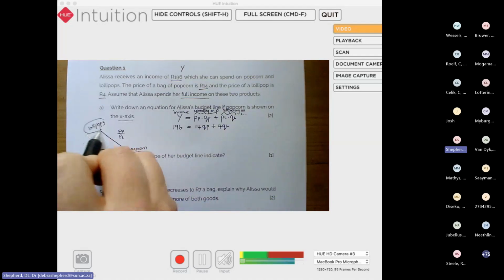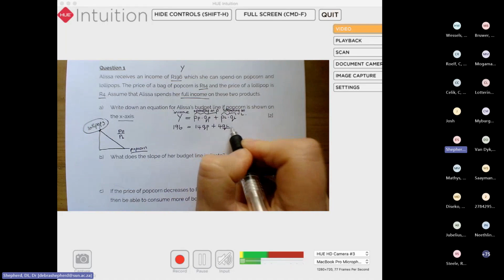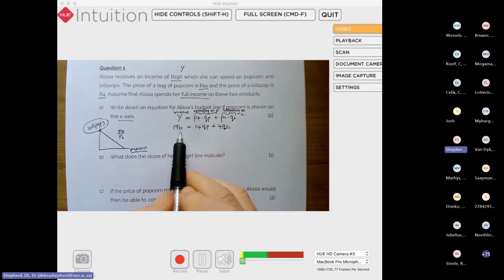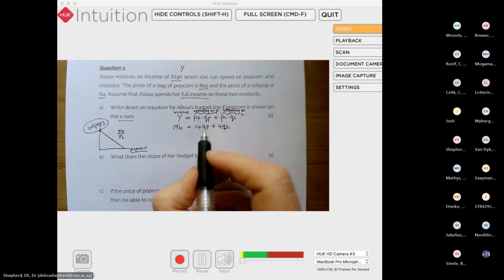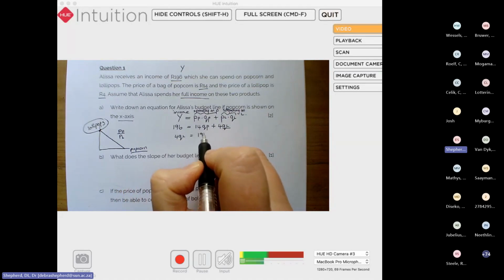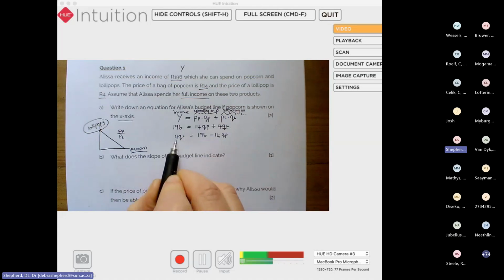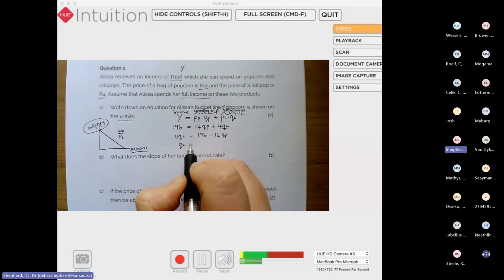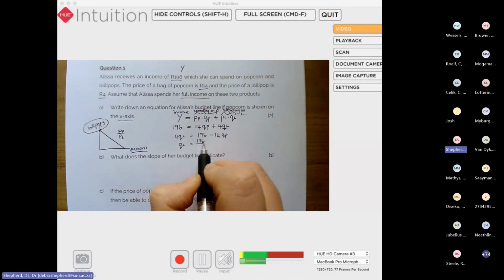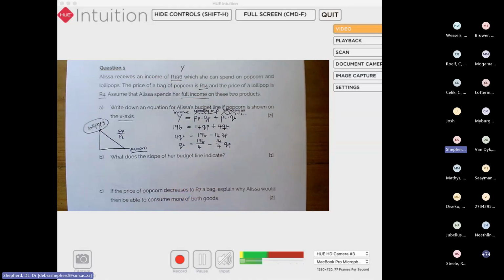And because I want lollipops as my dependent variable, I'm going to rearrange this so that QL is on its own on the left-hand side. So I'm going to have 4QL is equal to 196 minus 14QP. And then I divide through by 4. So I get the quantity of lollipops is equal to 196 over 4 minus 14 over 4 QP.